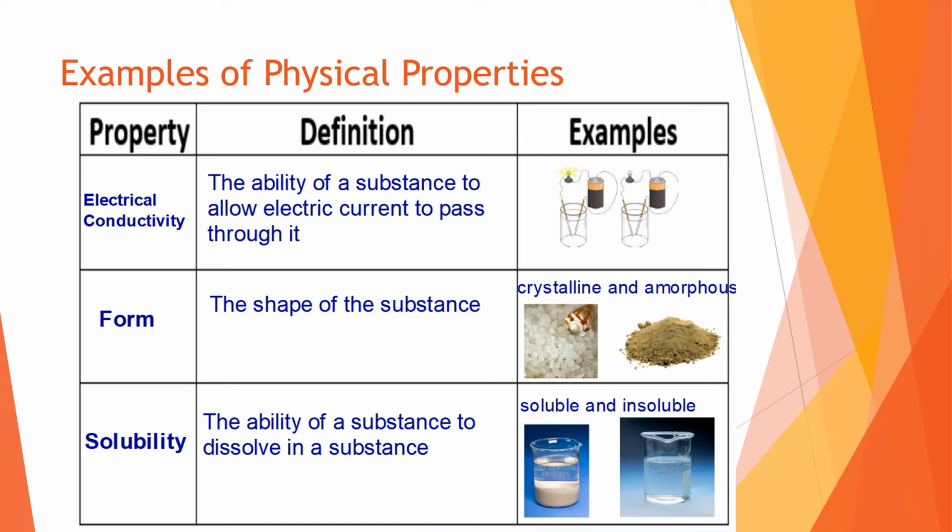Okay, now we have electrical conductivity, the ability of a substance to allow electric current to pass through it. So a good example of something that is conductive would be metals. Metals have the ability to conduct electricity. Okay, you could test something like this.